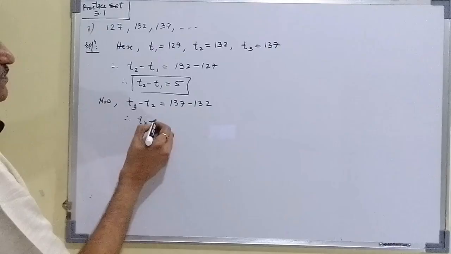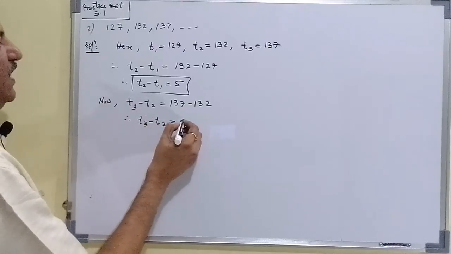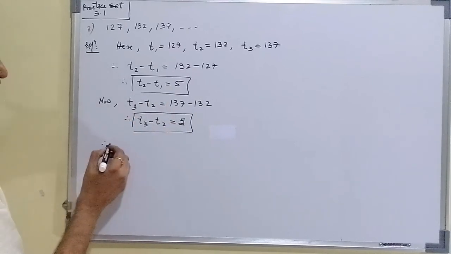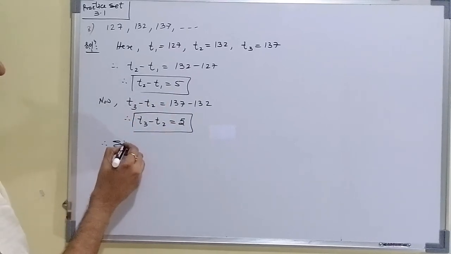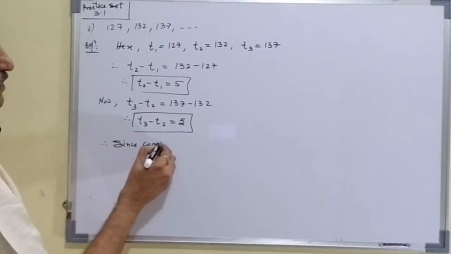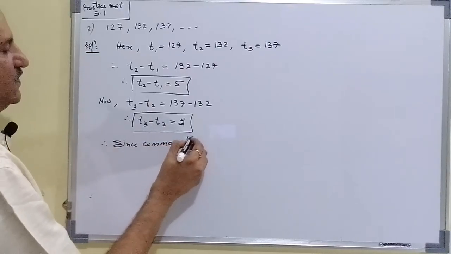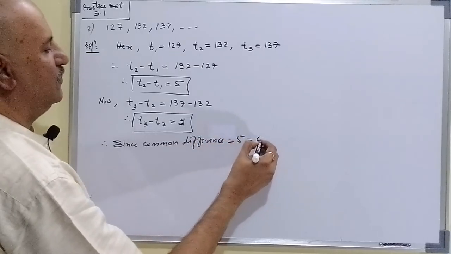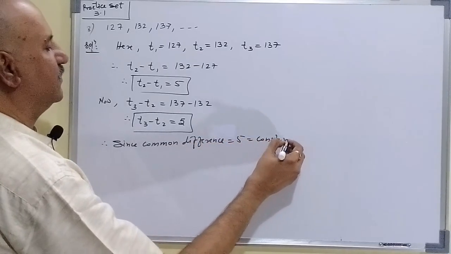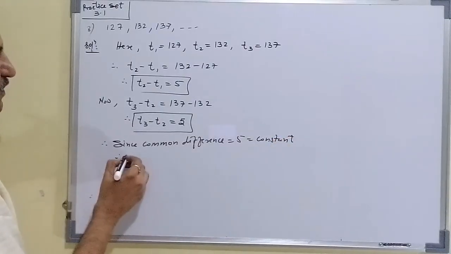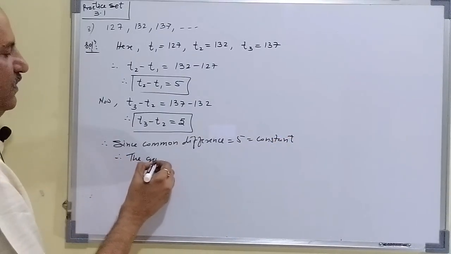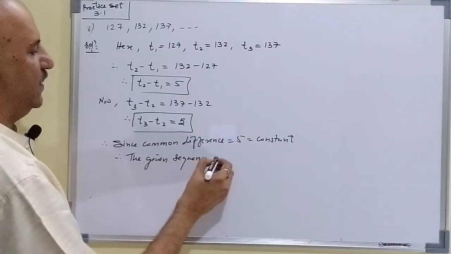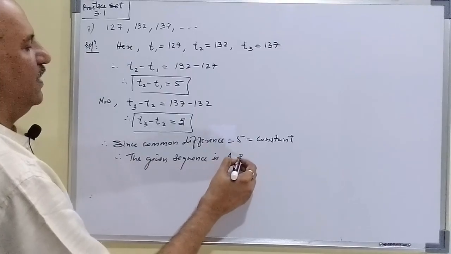Therefore T3 माइनस T2 भी है 5. सो कॉमन डिफरेंस सेम है, देखो. Therefore since common difference equal to 5 equal to constant, therefore the given sequence is A.P.